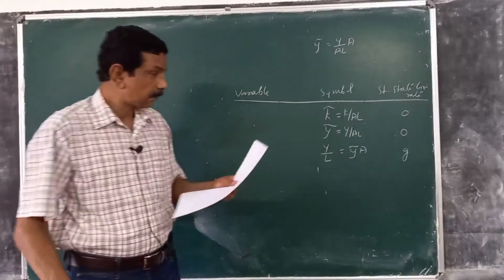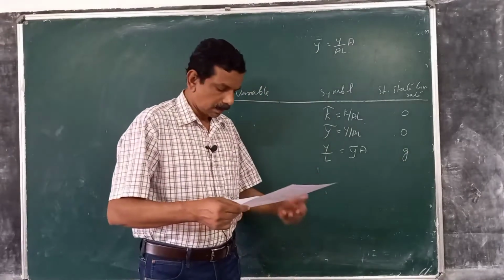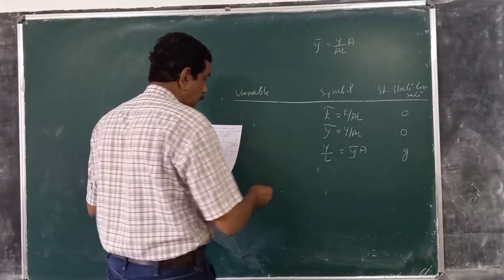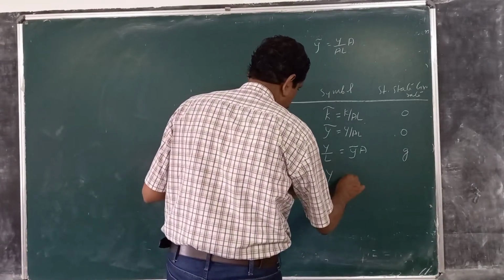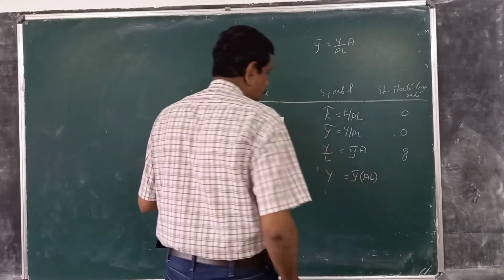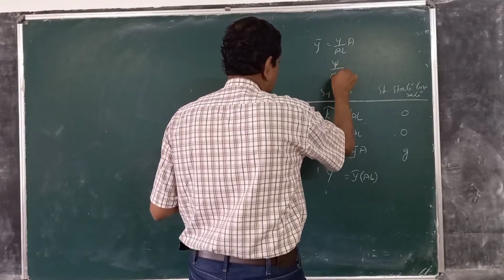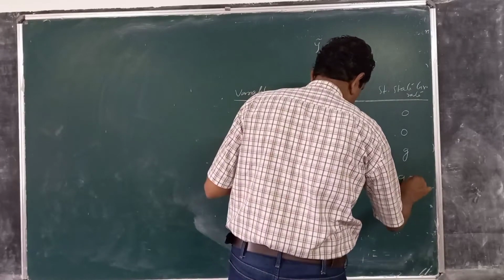Output per worker is growing at the rate g, and total output, that is Y is equal to Y tilde into AL, is growing at a rate g plus n.